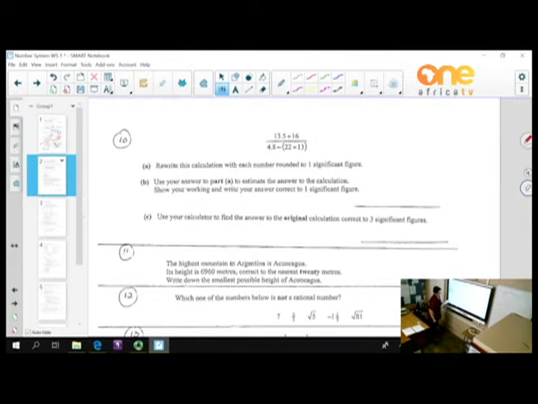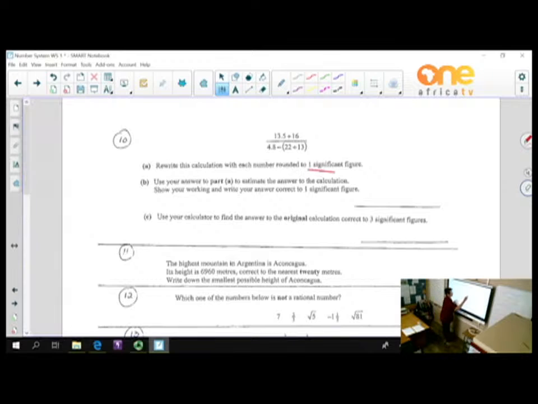Rewrite this calculation with each number rounded to one significant figure. So we must first change these numbers to one significant figure, each of them. So 13.5 to one significant figure will be 10, because it's not more than 5. 16 to one significant figure will be 20. 4.8 to one significant figure, the 8 will influence there, so it is 5.